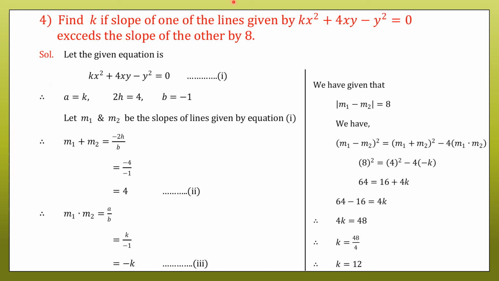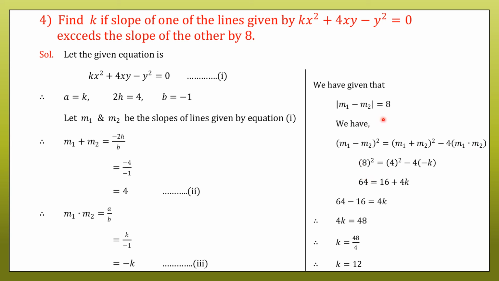According to the given condition, mod of m1 minus m2 equals 8. We have the values of m1 plus m2 and m1 multiplied by m2. Therefore, m1 minus m2 can be expressed in terms of the sum of the slopes and the product of the slopes. Therefore, m1 minus m2 whole square equals m1 plus m2 whole square minus 4 into m1 multiplied by m2.